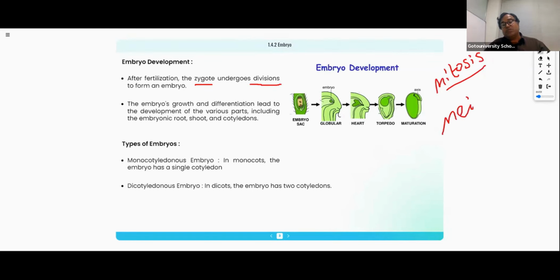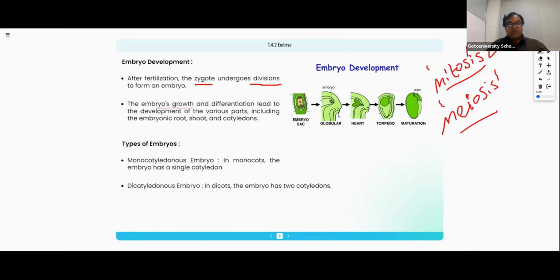Meiosis is not involved at all. So you should be very, very careful. Meiosis is not involved, whereas mitosis alone is involved. We know very well the embryonic growth is basically responsible for making the various plant parts, like we already narrated for you.